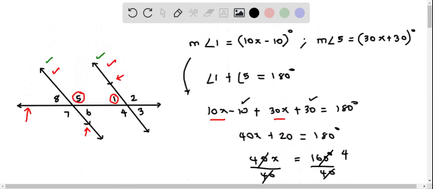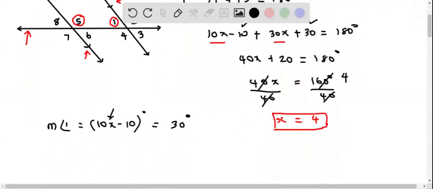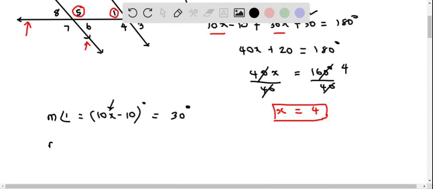And we have the expression for measure of angle 5, that is 30x plus 30. So let me write here, the measure of angle 5 equals 30x plus 30, and we replace x by 4.